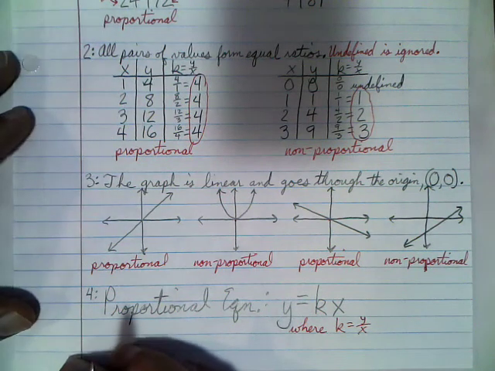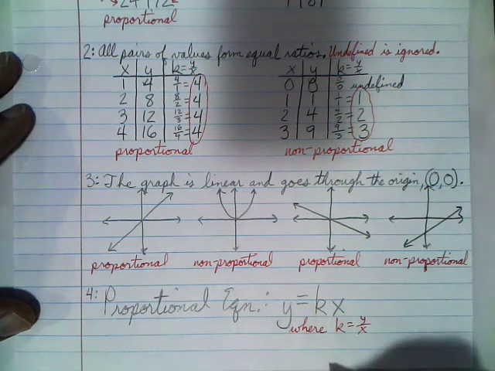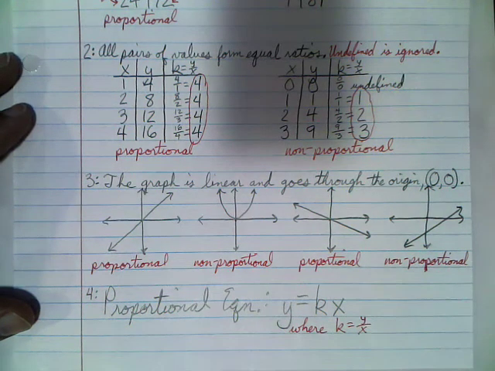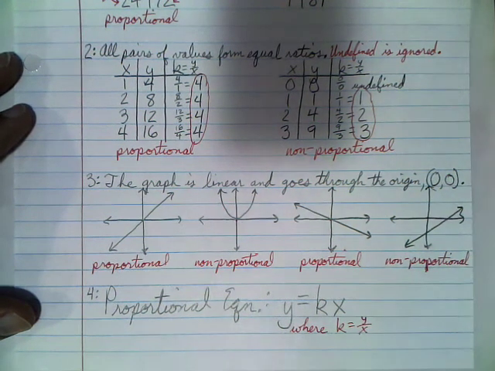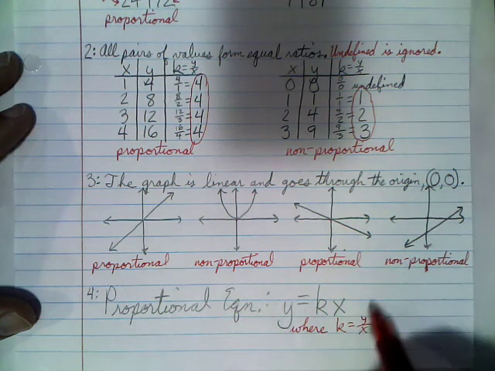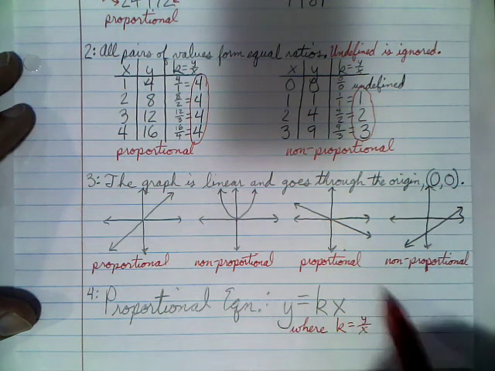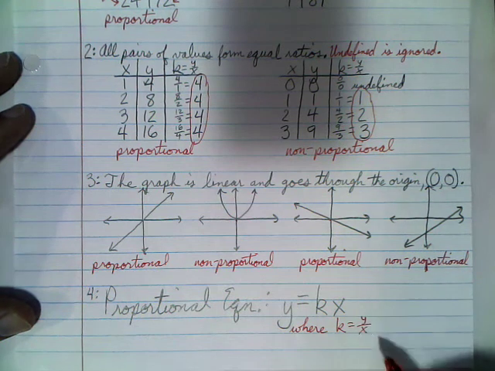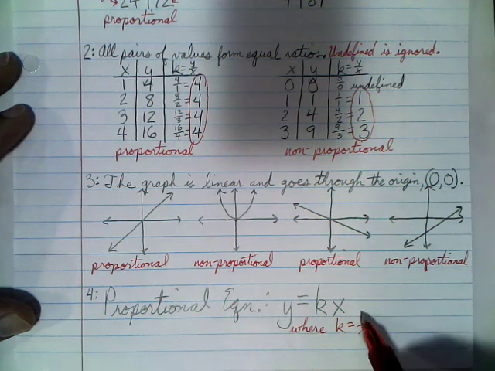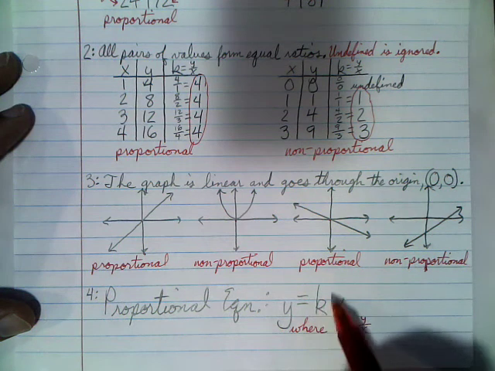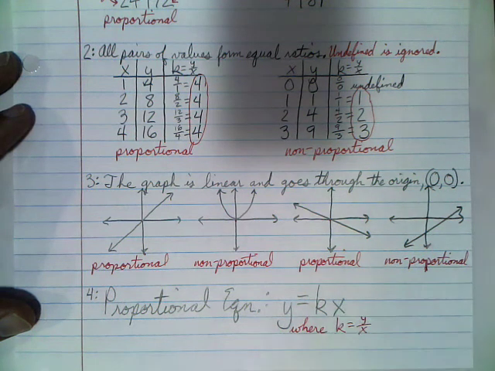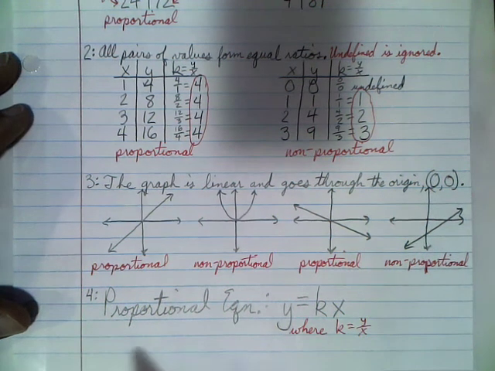So if you end up with an equation like y equals 2x, well then 2 is your k, and that's proportional. If I end up with something like y equals 2x plus 3, well, this equation has no plus 3, no plus anything. And so that would not be of this form, that would not be proportional. So just y equals something times x. As long as we have that, that's proportional.